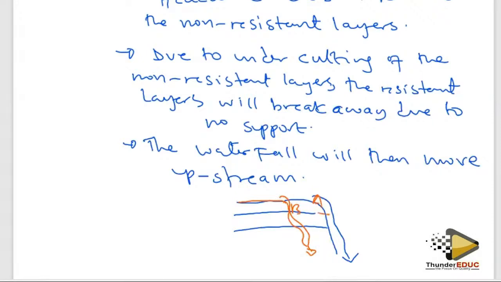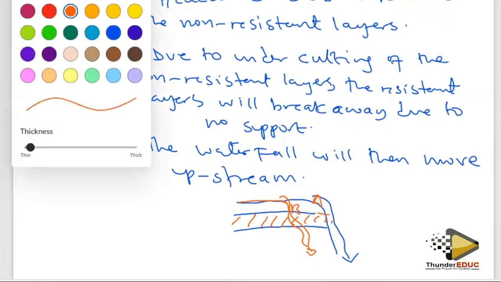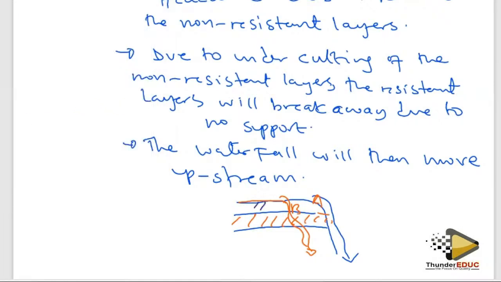This happens basically where we have the non-resistant layers of rocks and the resistant layers. So in most cases, the river keeps on eroding away the less resistant layers, and this is going to happen.